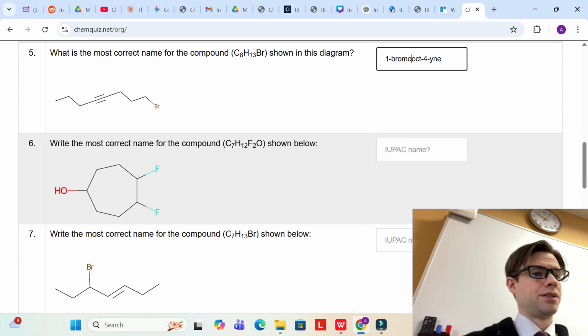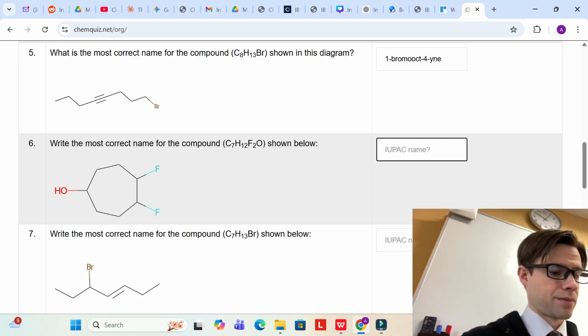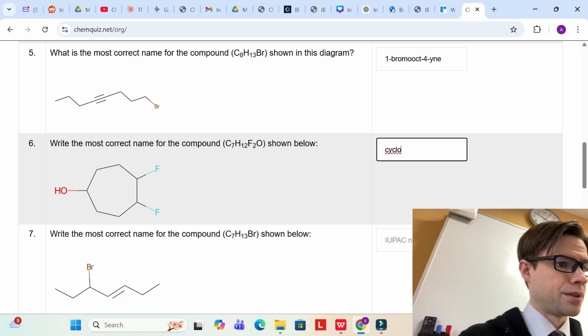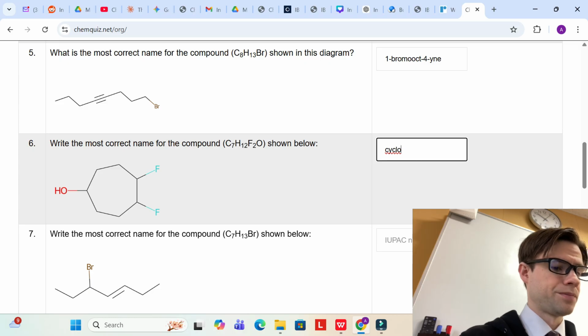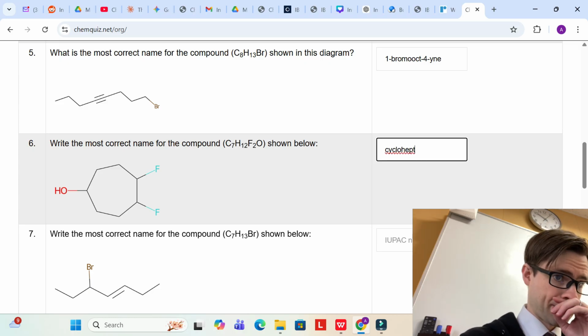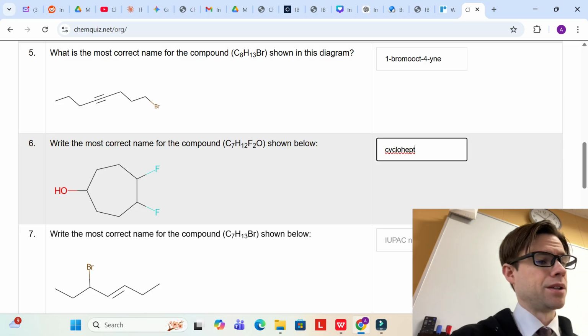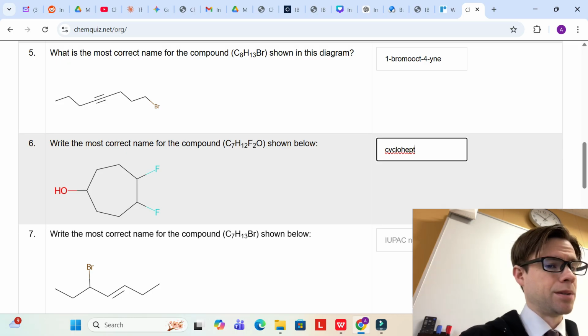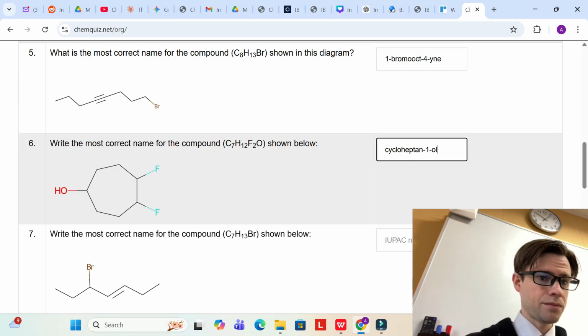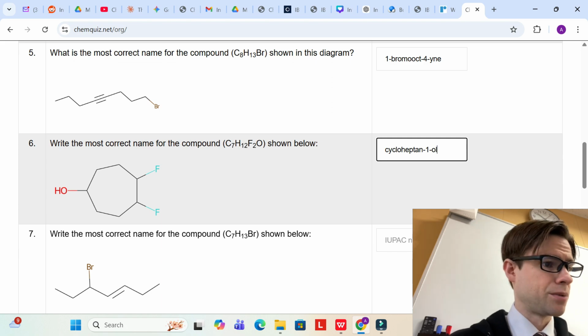Number 6 here, another ring. So right away, cyclo, this will be 7 carbons. 1, 2, 3, 4, 5, 6, 7. Cyclohept. And this is an alcohol main functional group. That needs to be labeled carbon 1. So hept-an-1-ol, cycloheptan-1-ol.